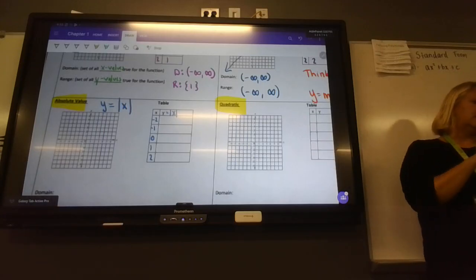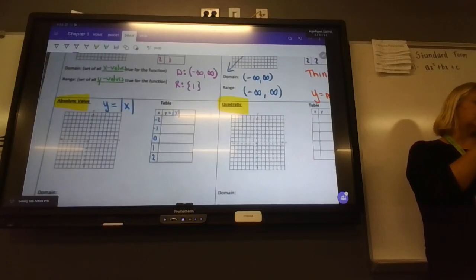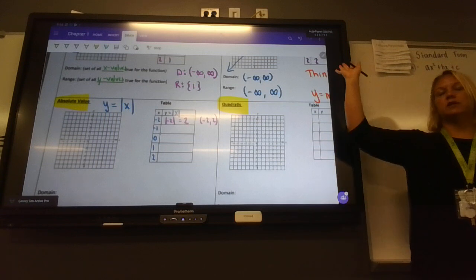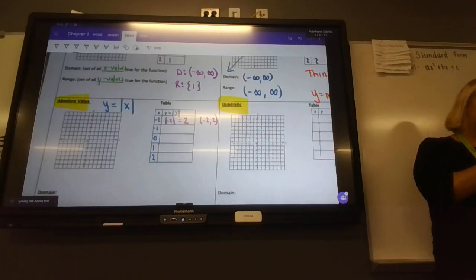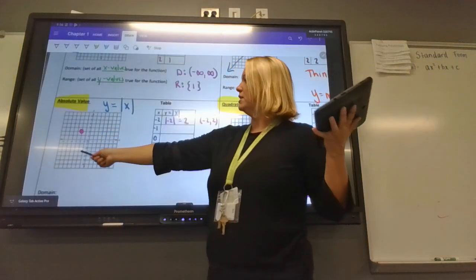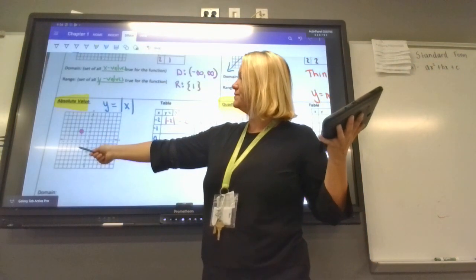Sorry this is so squished in here, but I'm going to think, what is the absolute value of negative 2? And I'm going to write it as positive 2. And my first ordered pair is negative 2, positive 2, instead of like the linear was negative, negative. So that's actually up here, which is different than the linear is down there.